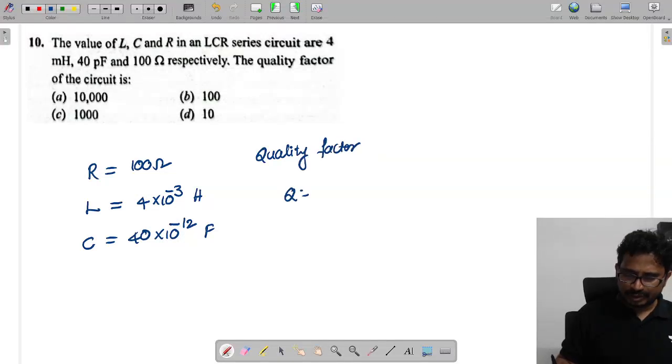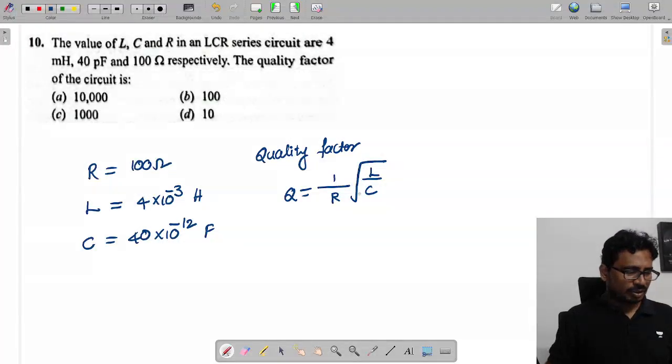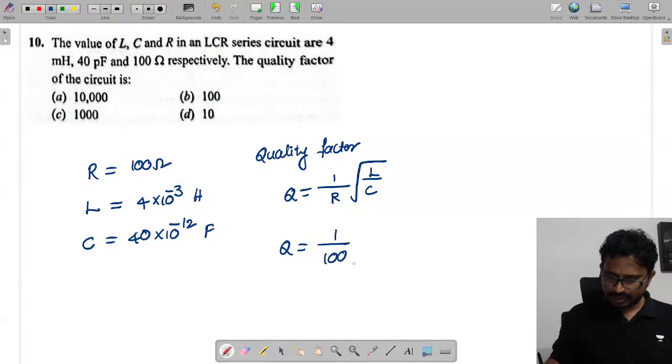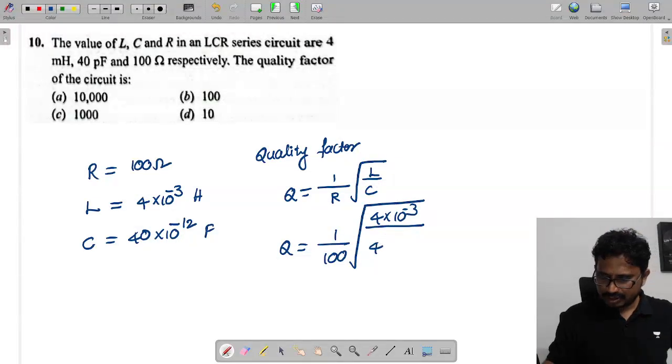The Q factor is given as 1 by R into square root of L by C. So simplify: R value 1 by 100, and inductance 4 into 10 power minus 3 by capacitance 40 into 10 power minus 12.